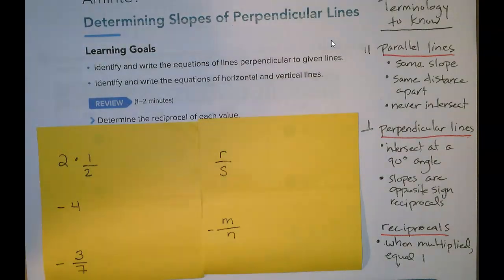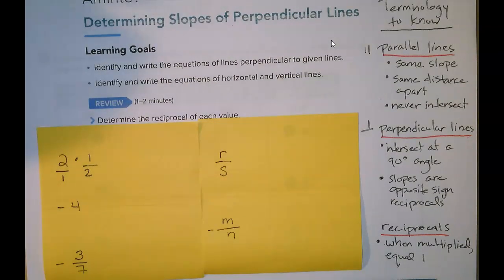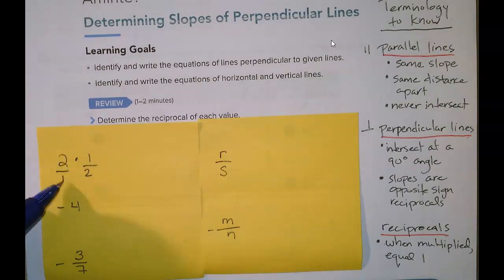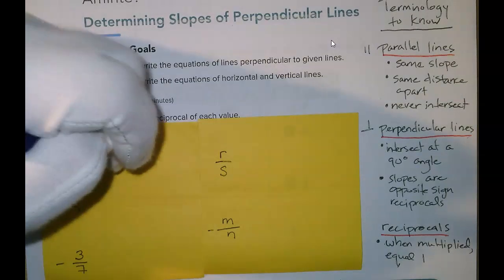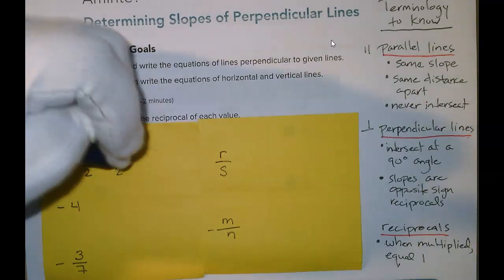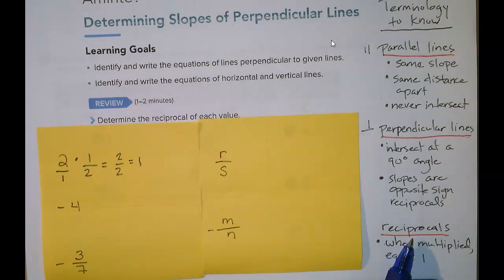So if it helps, you could express 2 as 2 over 1. And if you look at these two numbers, when you multiply them, 2 times 1 is 2, 1 times 2 is 2, and that would simplify as 1. So 2 and 1/2 are reciprocals.